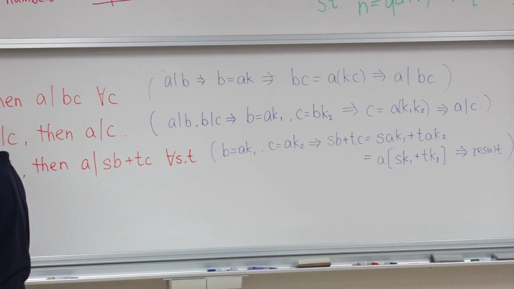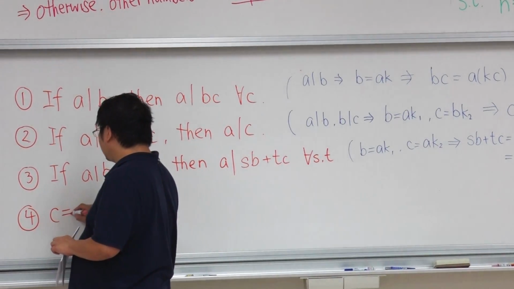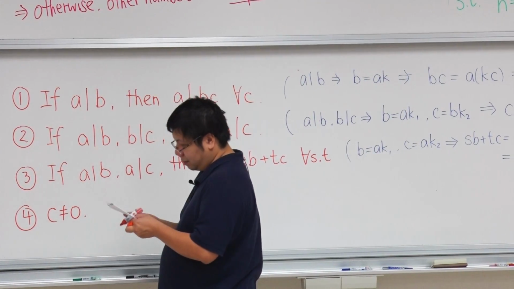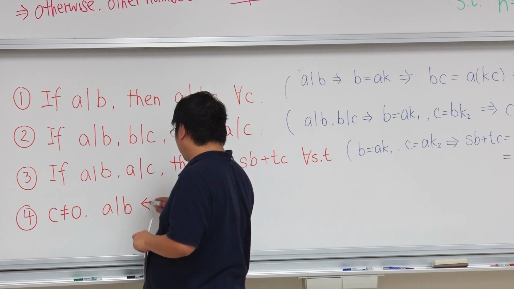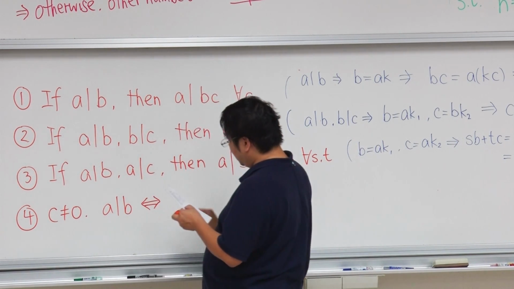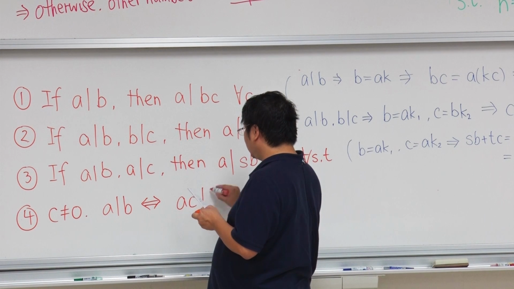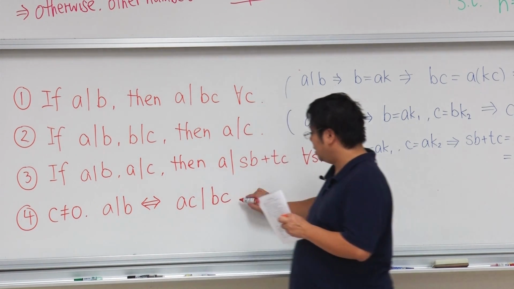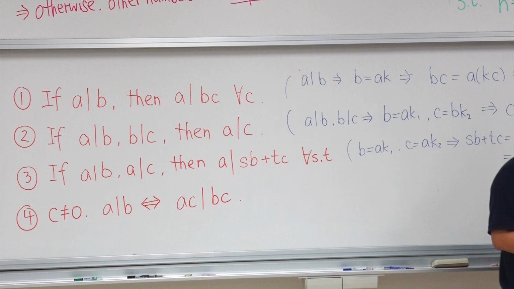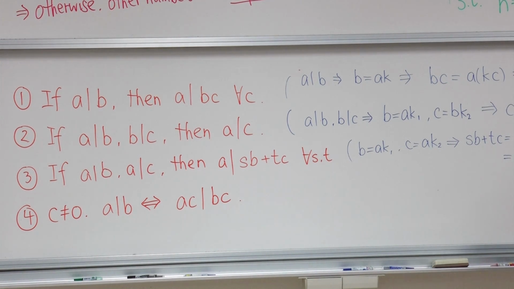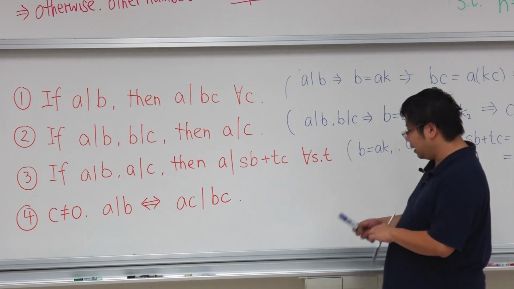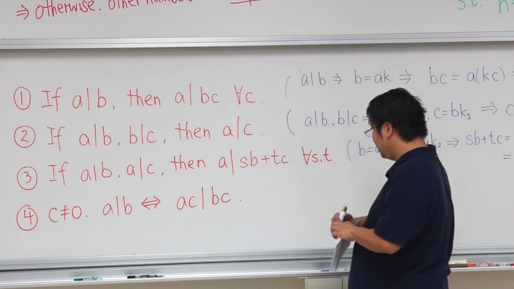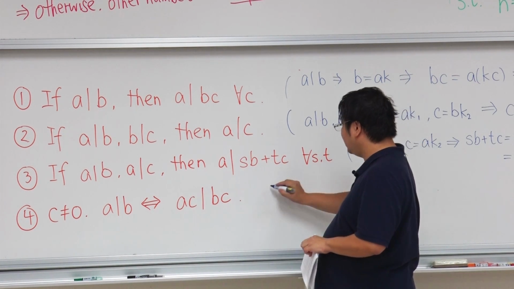Suppose that C is not equal to 0. Then we will have A divides B if and only if AC divides BC. Let's see if we can get this result directly.